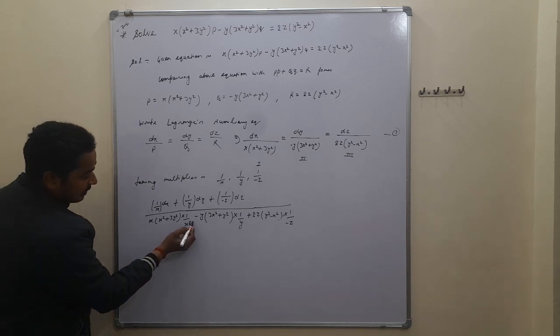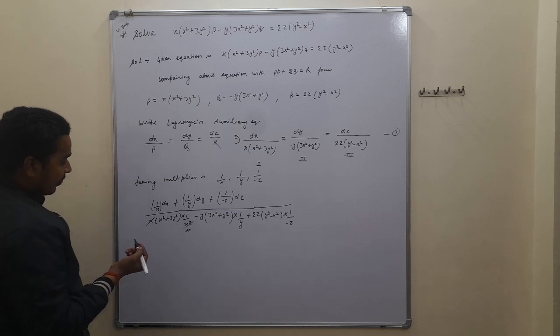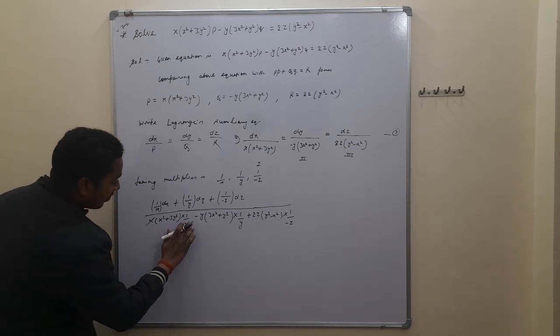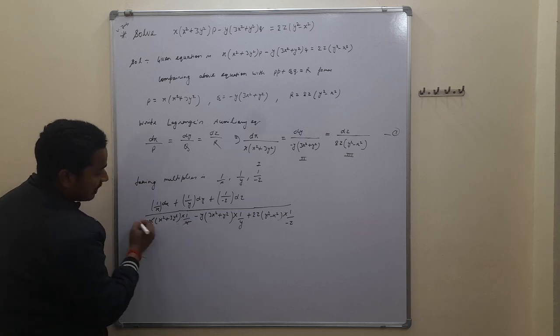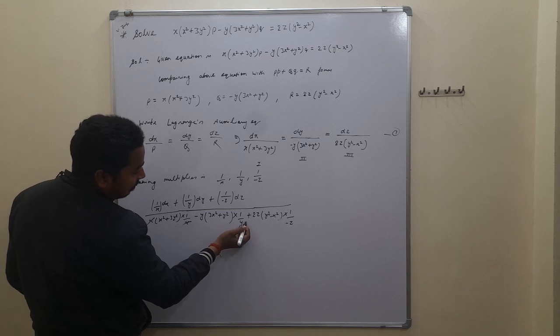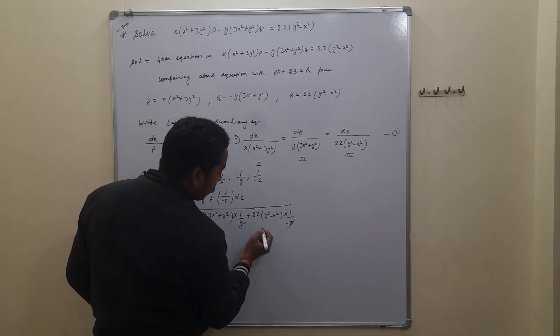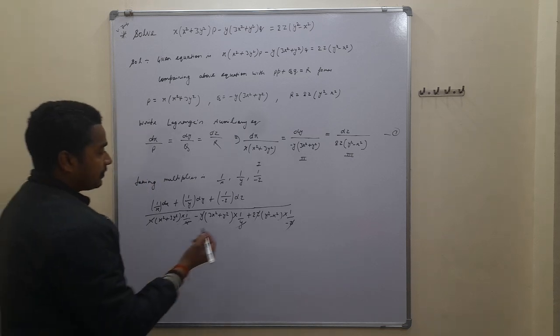From here 2x is cancelled out, remaining is x, and once again the multiplier is 1/x, so 1/x is cancelled out, y with y is also cancelled out, and z with z is cancelled out, and further we have to solve.